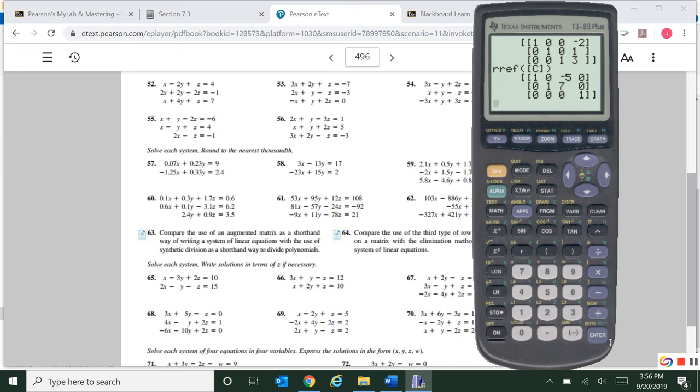Now, you'll notice something on this. Look at this bottom row. This says 0 equals 1. Is that true? No. This is no solution, because when I look at this, this one actually says x minus 5z equals 0. That says y plus 7z equals 0, but this says 0 equals 1.